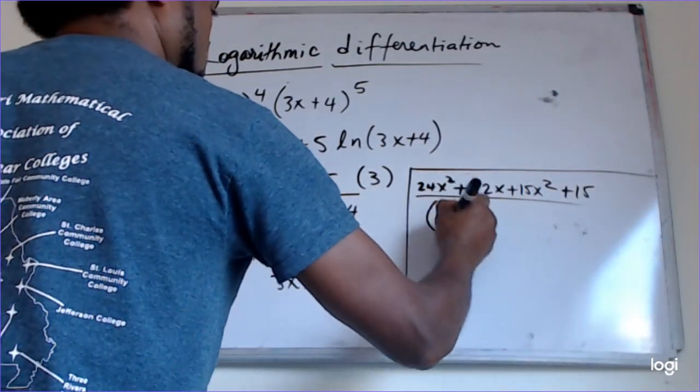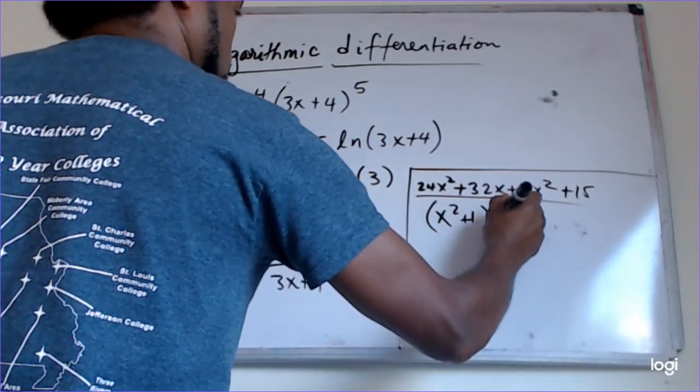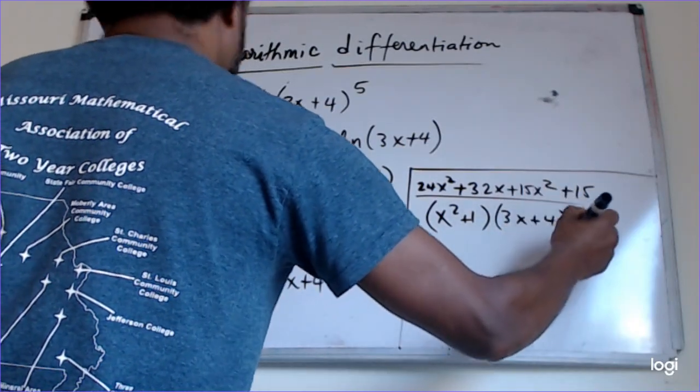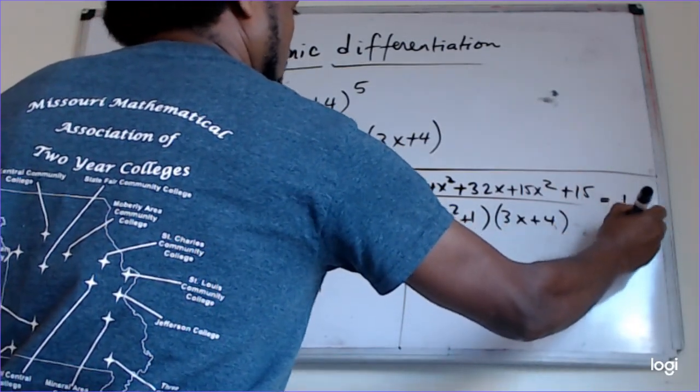I'm just taking the LCD. 3x plus 4. That will be the same as 1 over y times y prime.